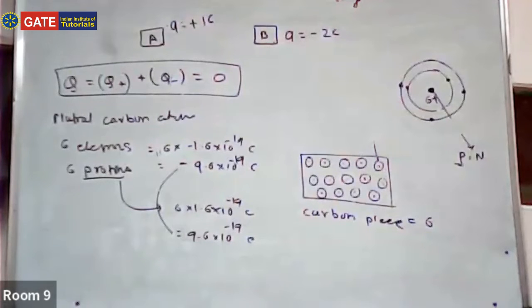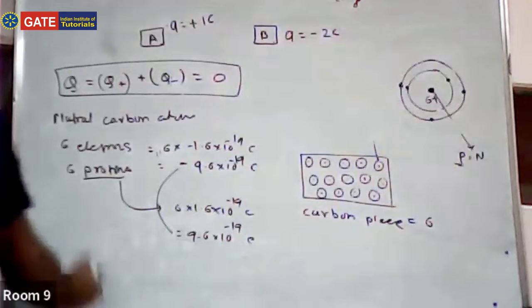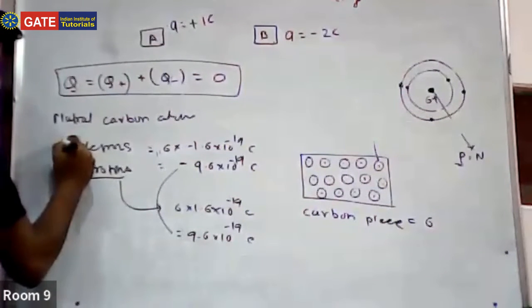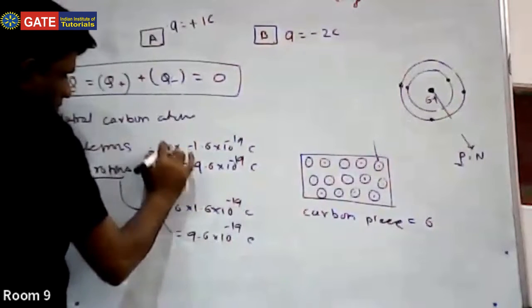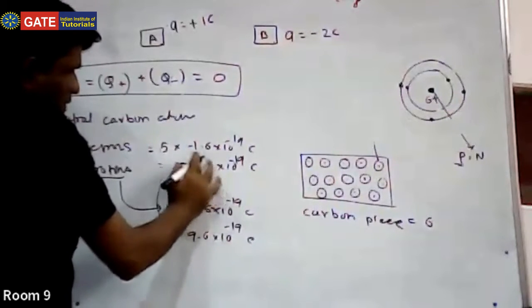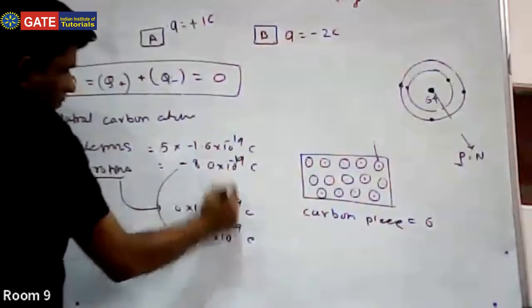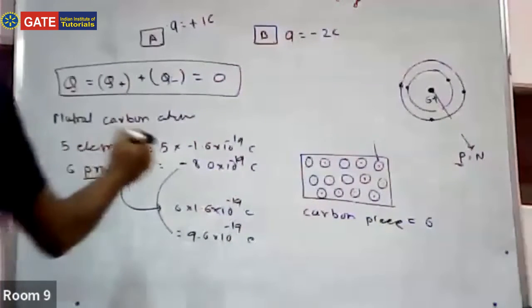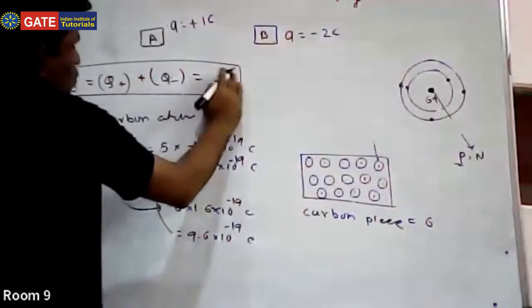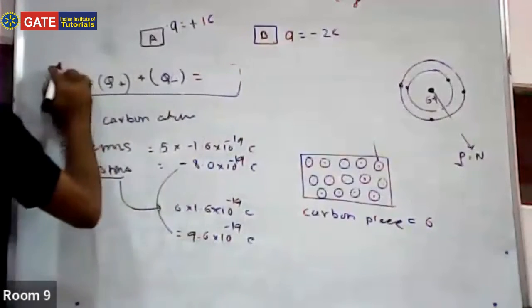Please tell me. 5 electrons. So what is the amount of charge? 8 into 10 power minus 19, minus 8.0. Okay. So when you add these two charges, what is the total charge in the new atom?